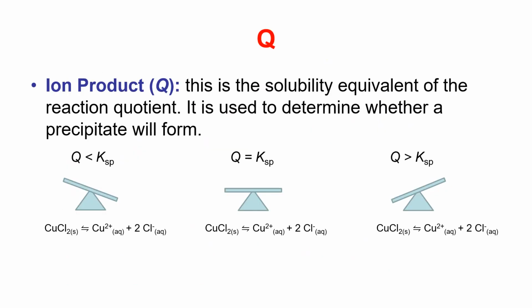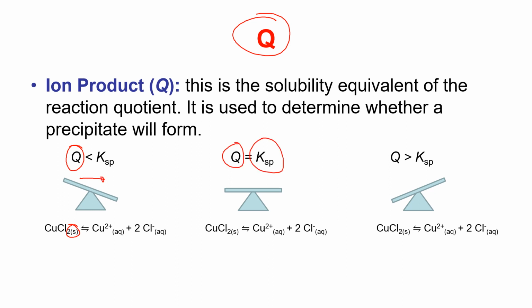Our equilibrium quotient, or Q, that we used earlier to determine the direction of shift for a reaction to get to equilibrium, can also help you in determining whether or not you get a precipitate, because a precipitate is the solid that's on the left-hand side. And so if you have starting concentrations that give you a value that's below the Ksp, well, then it's going to shift this way, which means everything's going to dissolve.